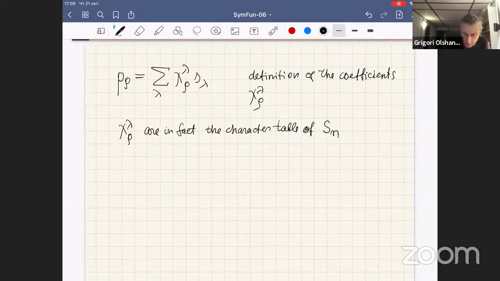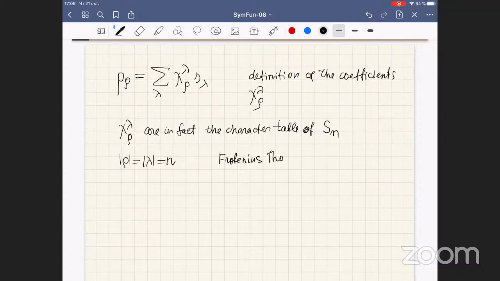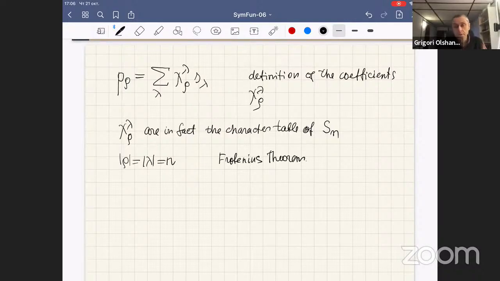I assume here that the size of all partitions is fixed and equal to some n. And that is already a result, and a beautiful result, which is due to Frobenius. And maybe even his greatest result.